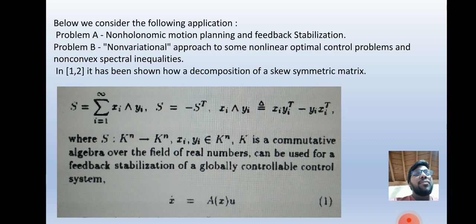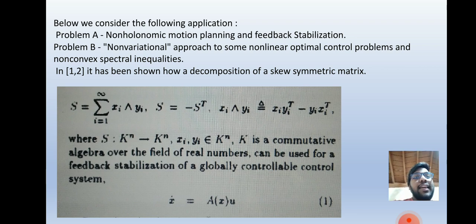In 1 and 2, it has been shown how a decomposition of a skew symmetric matrix S is equal to sigma i equal to 1 to infinity of xi symmetric yi. Here S is equal to minus S transpose. We know that it is the definition of a skew symmetric matrix that we discussed earlier. Xi symmetric yi means xi yi transpose minus yi xi transpose, which is discussed in problem 1.